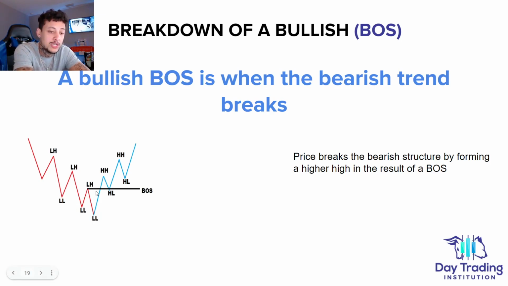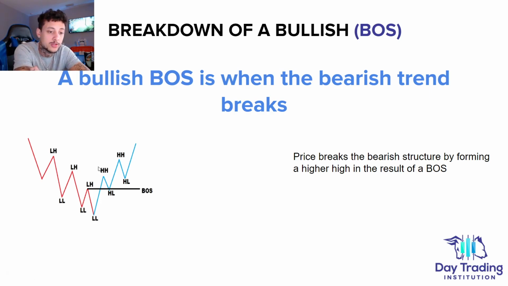Now, what changed here is price went from a lower low to a higher high. All that simply means is that price broke the previous lower high, right? So when price broke the previous lower high here and actually made a higher high, that is going to be considered a break of structure.